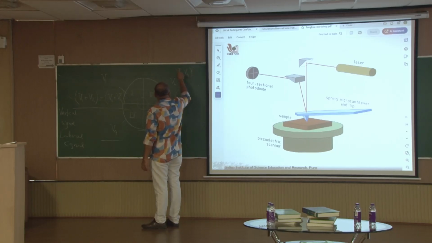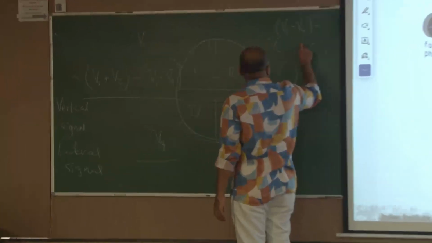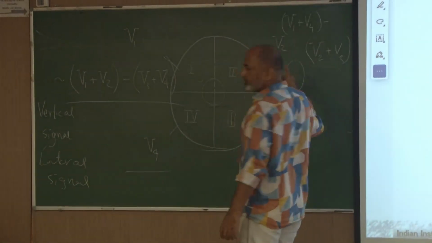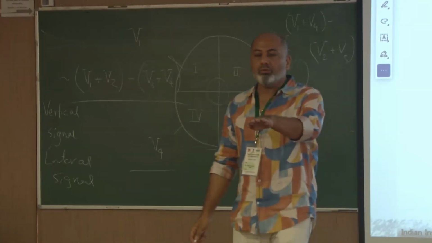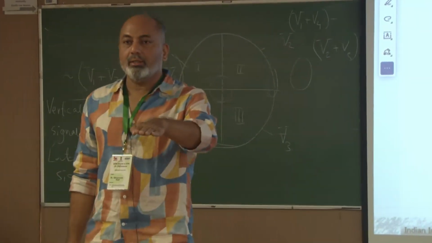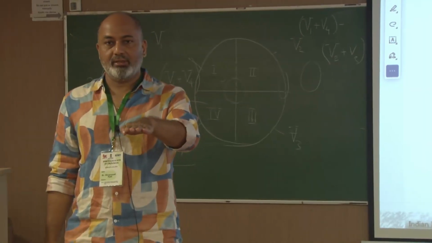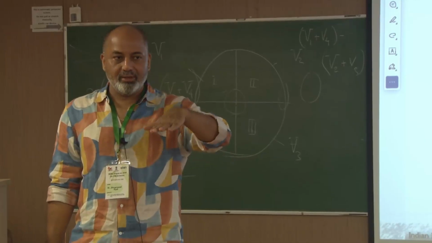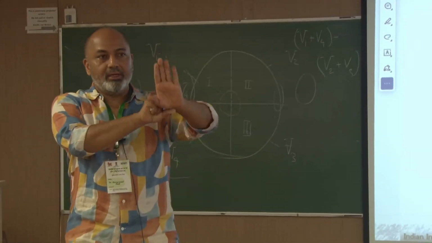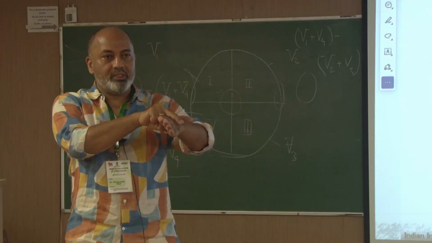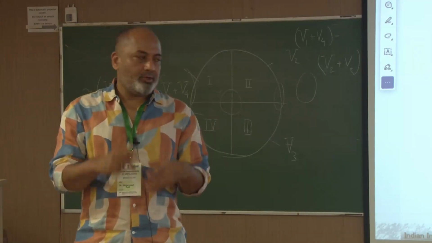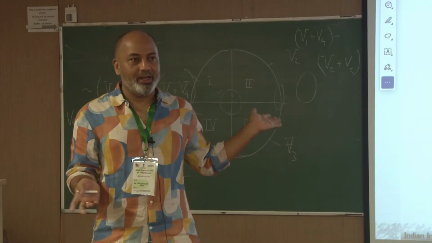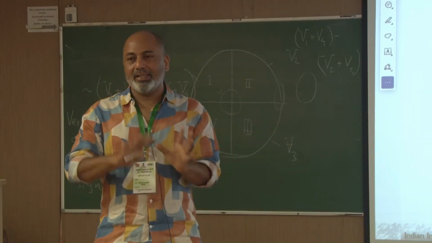Subtract V4 and V1 from V2 plus V3. This will give you the torsion in the cantilever. Now the torsion force constant is different from the normal force constant, right? The cantilever spring constant is different this way and that way, and the calibration of the torsional constant is an even trickier issue. For the normal one, at least we have something or the other, but that's another topic.